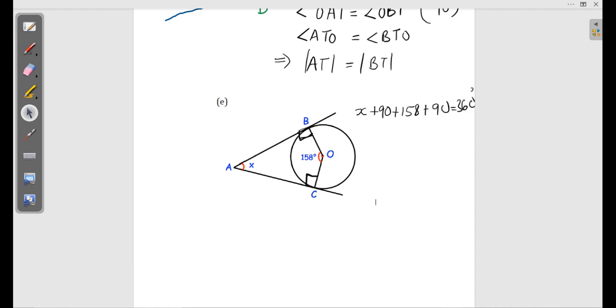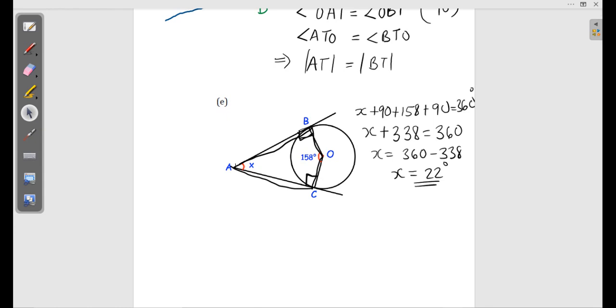Why am I doing 360? Because this ABOC forms a quadrilateral, and the sum of angles in a quadrilateral is 360 degrees. So this gives us x plus 180 plus 158, that's 338, which equals 360. So x becomes 360 minus 338, and x is equal to 22 degrees.